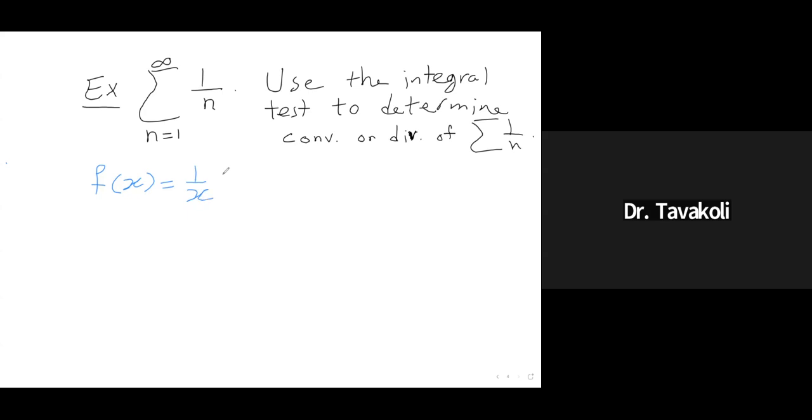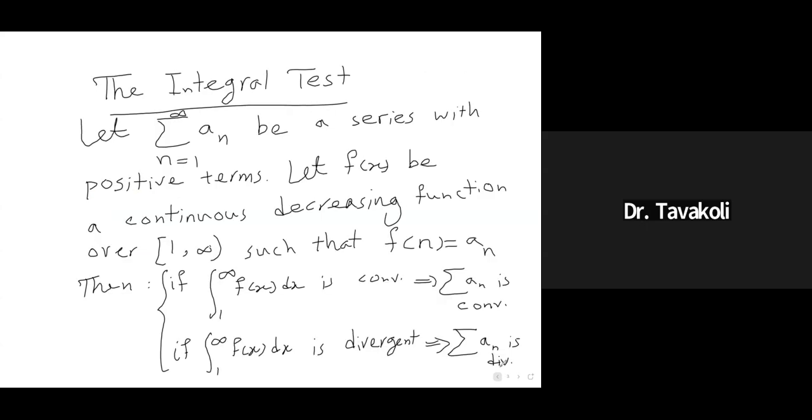So to use the integral test, I just integrate 1 over x over the interval from 1 to infinity. If this integral happens to be convergent, we can conclude the series is convergent. If this integral happens to be divergent, then the series is divergent. I'm just following this integral test.